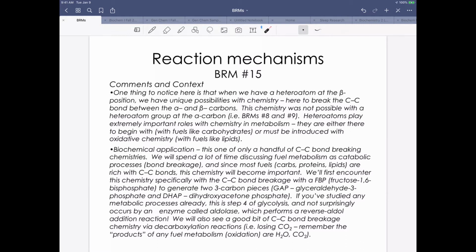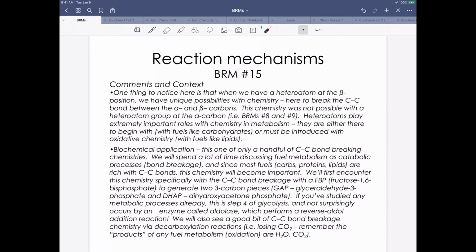The first time we're going to encounter this chemistry is right at the beginning of Biochem 2 when we study the details of glycolysis and talk about the carbon-carbon bond breakage that occurs with fructose 1,6-bisphosphate. Basically we take that 6-carbon sugar and we break it into two 3-carbon pieces. We're going to refer to them as glyceraldehyde 3-phosphate and dihydroxyacetone phosphate.